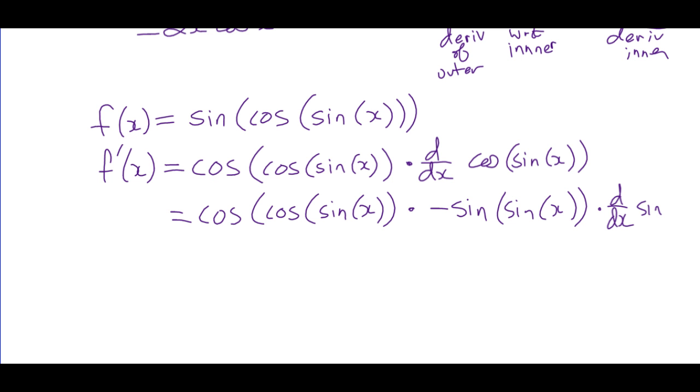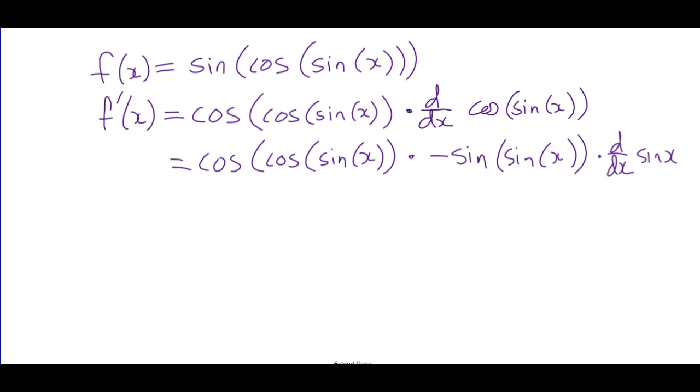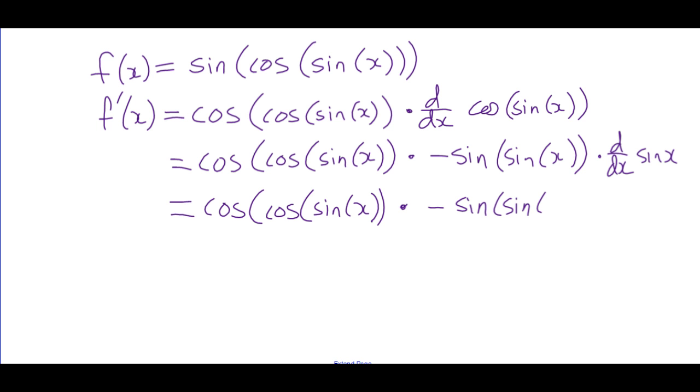And we'll be really explicit with this one, right? In doing it, because it looks a little more complicated. So we've got the cos of the sine of x times minus sine x times cos x. And we're just going to put that all together. We'll go simple to complicated, right?